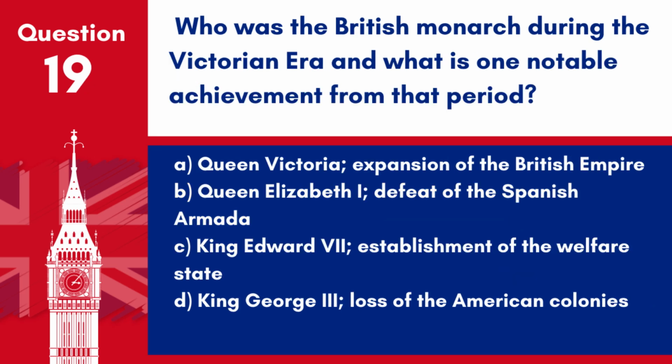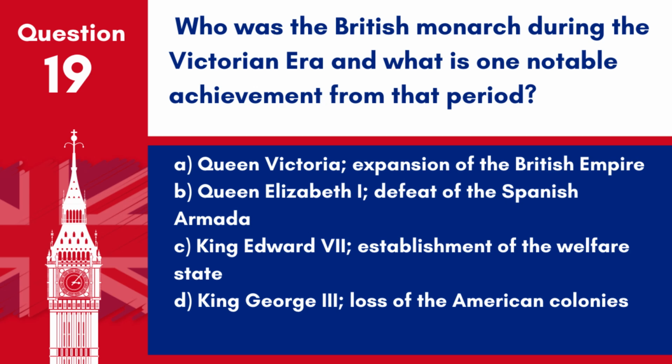Question 19. Who was the British monarch during the Victorian era, and what is one notable achievement from that period? A. Queen Victoria, expansion of the British Empire. B. Queen Elizabeth I, defeat of the Spanish Armada. C. King Edward VII, establishment of the welfare state.